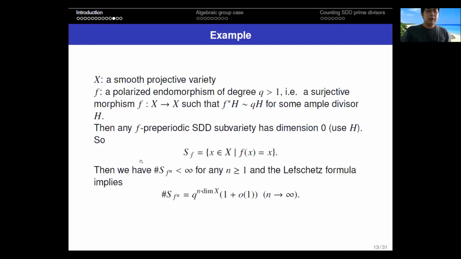And so it is known that S_{f^n} is a finite set for any n, and the estimate of growth of S_{f^n} is given by the Lefschetz formula. So we have this estimate.